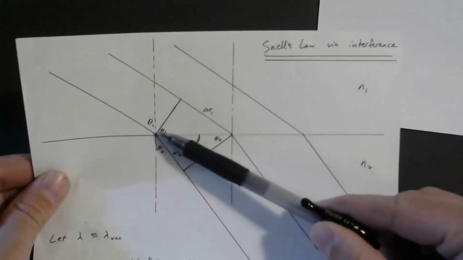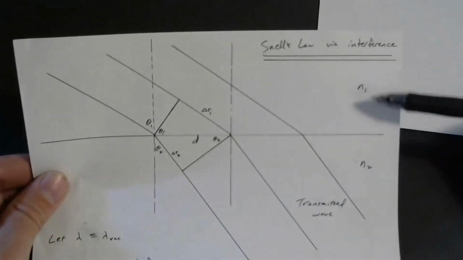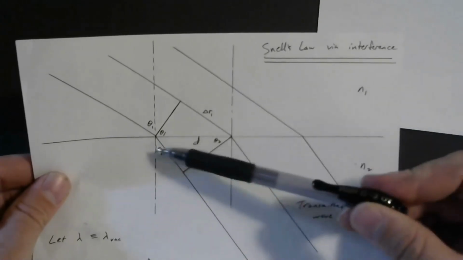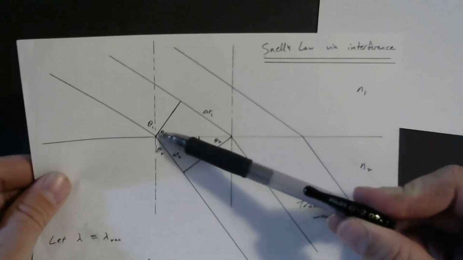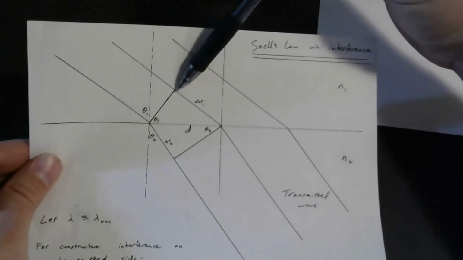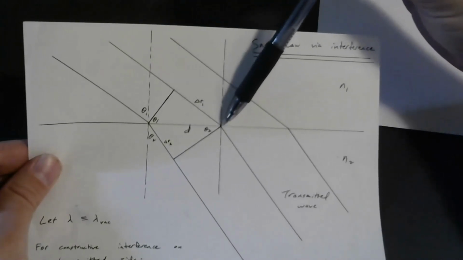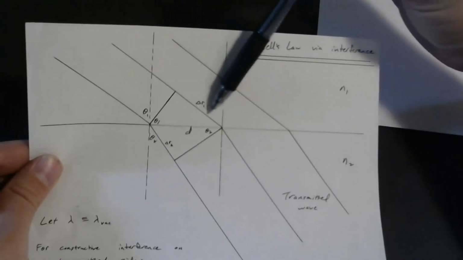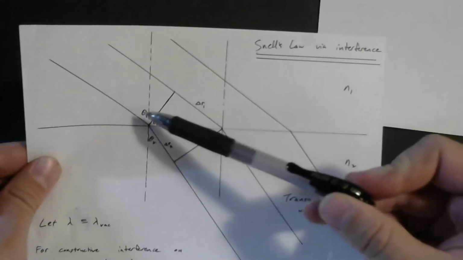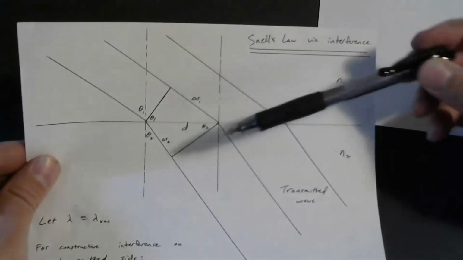And at the point where this ray strikes the boundary between material 1 and material 2, maybe this is air and this is glass, I've drawn a segment perpendicular to these two rays, which helps you visualize that this ray has to travel an extra distance before it gets to the boundary. It has to travel this much further, I've called it delta R1, than this ray has to travel.